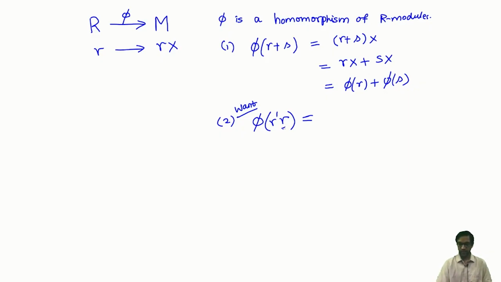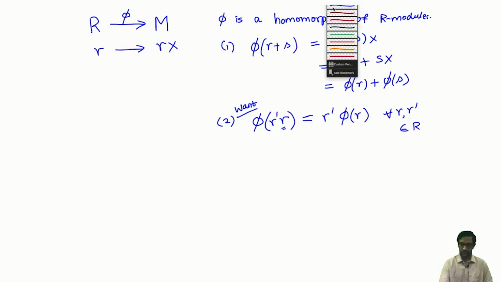I want this to be true for all r dash and r. This is slightly confusing because the ring is also a module over itself in this case, but you should convince yourself that this is exactly the second axiom of a homomorphism. Now let's check that this is true. Let's compute the left hand side: phi of r dash r. By definition, this is r dash r acting on x.